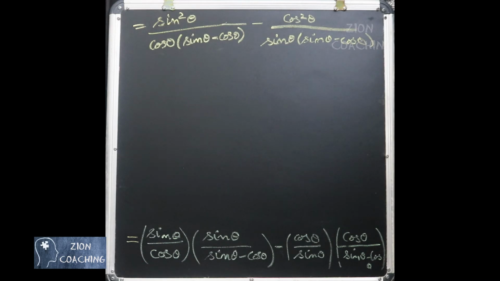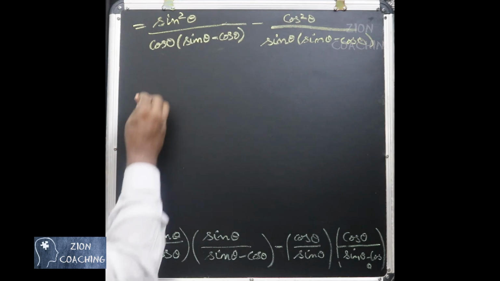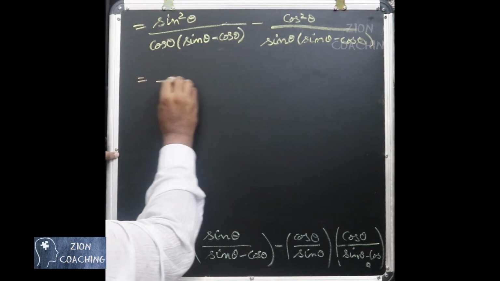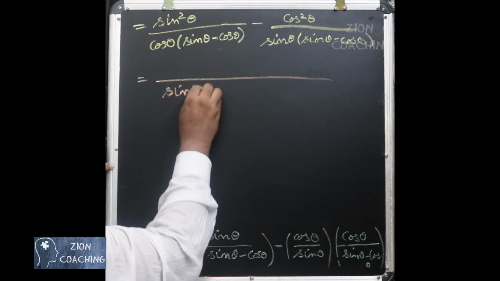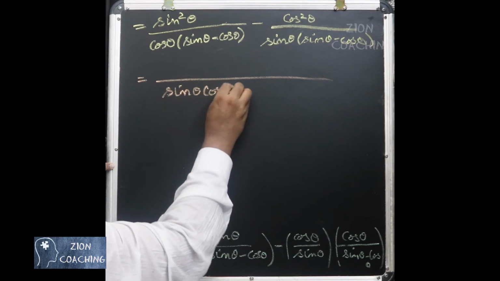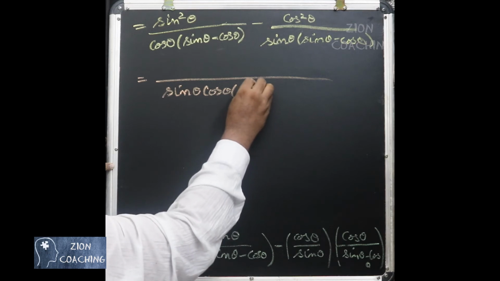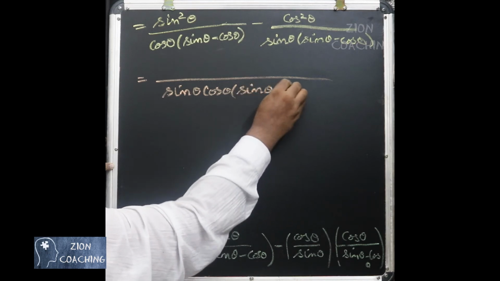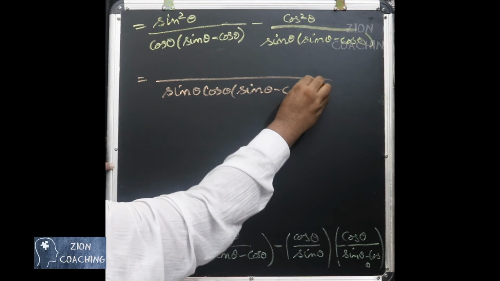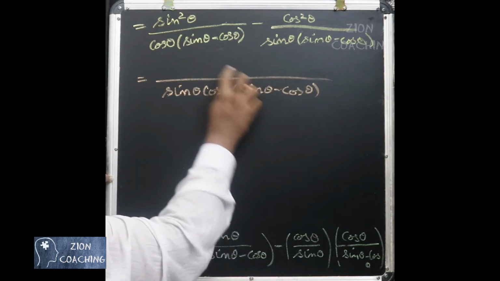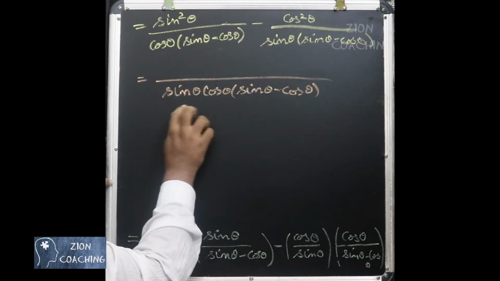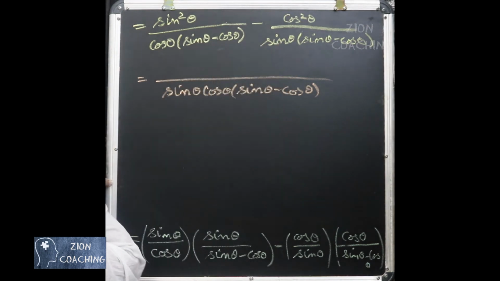So when we take LCM, what we are going to get is sin theta cos theta into sin theta minus cos theta. Because sin theta minus cos theta is common, then sin and cos I have written together. That is going to be the LCM.